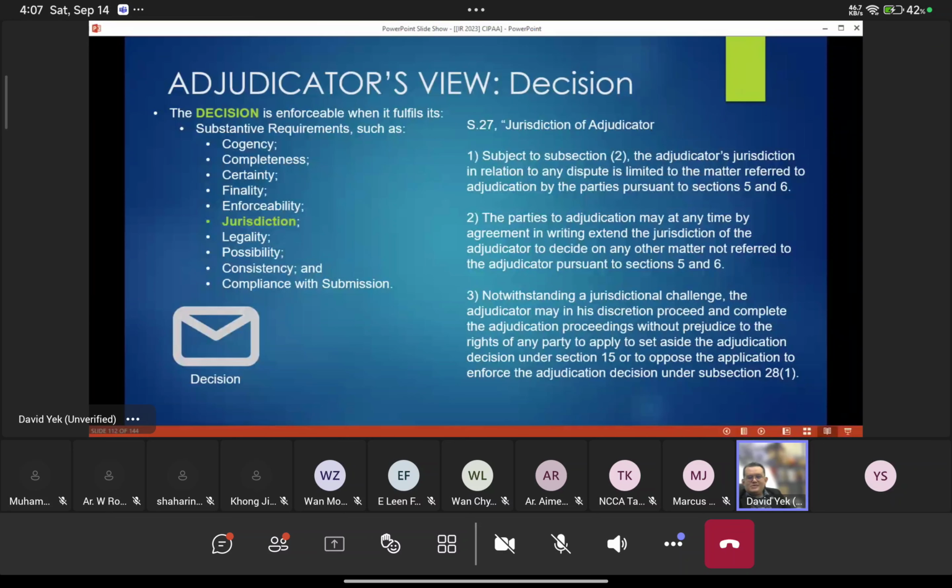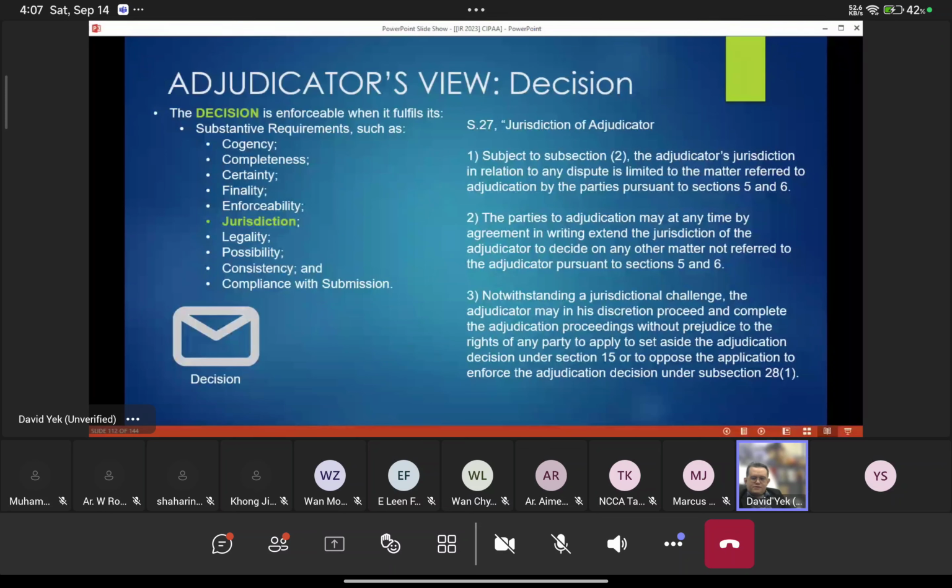Like in subsection 2, it says that you cannot consider things outside section 5 and 6. You have to be within section 5 and 6. But suddenly in the adjudication response, the respondent throws in the whole kitchen sink together with all the plumbing and whatnot. Can that be workable for the claimant, especially when he has only 5 working days to give a reply?